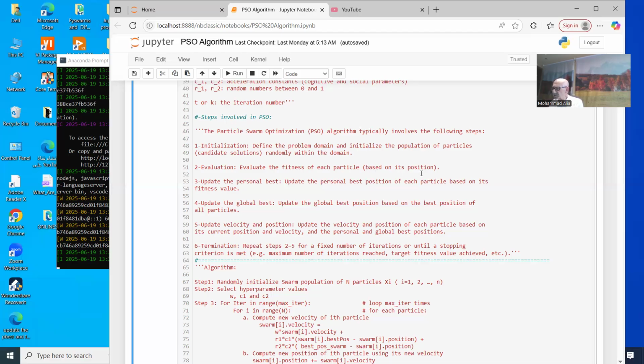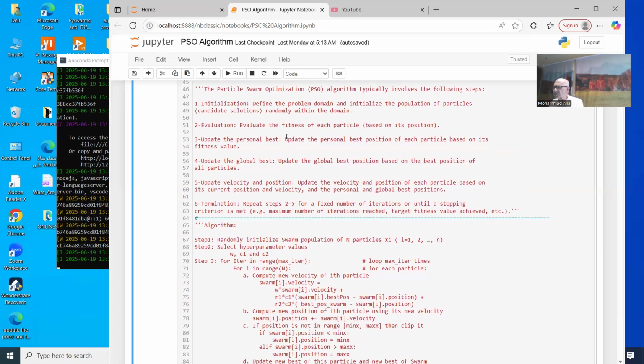We use the position of each particle, include it in the objective function, and find the value of the objective function, which is called here the fitness. This is a numeric value which shows to which degree this value is close or far away from the optimum value.